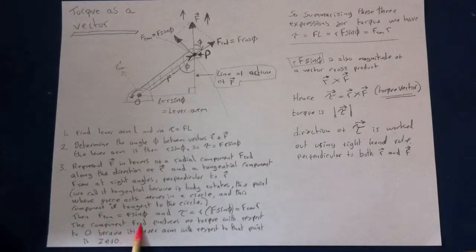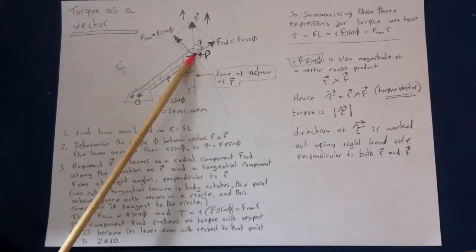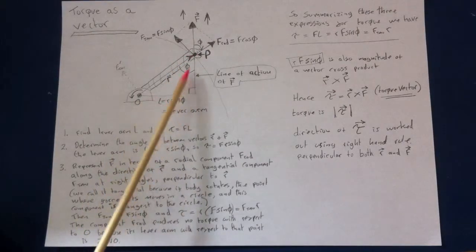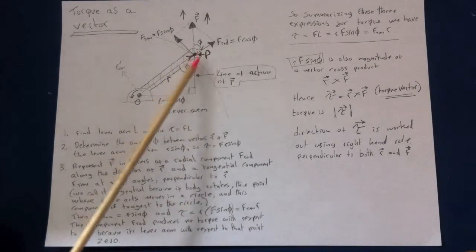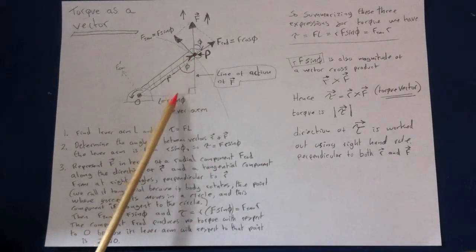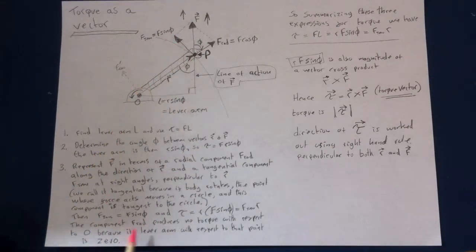The component F rad, this component here, produces no torque with respect to O, because its lever arm with respect to that point is 0. Because it's going out that way, there's no distance L between. If that was over a bit, then there'd be a distance. So that's why it's 0. So the only component that's relevant here is this one.